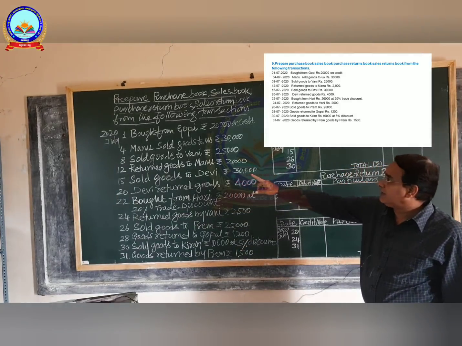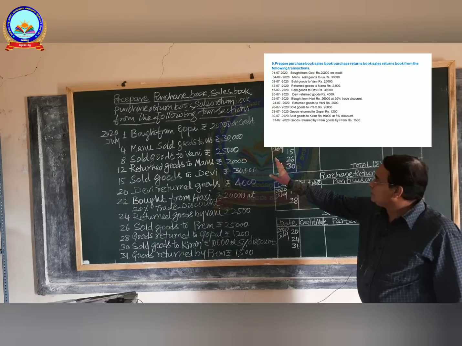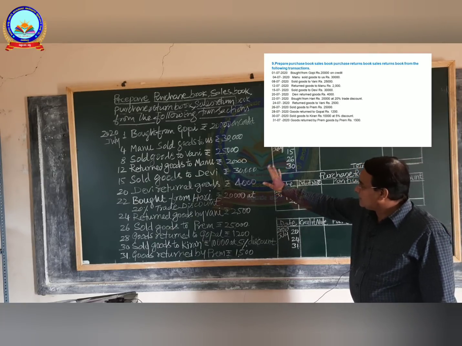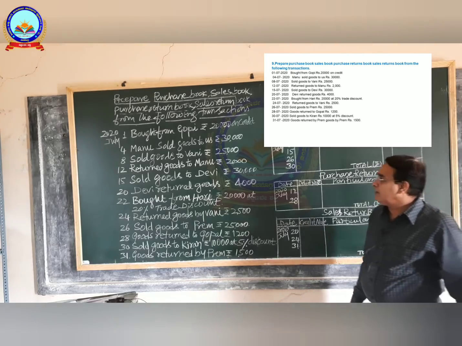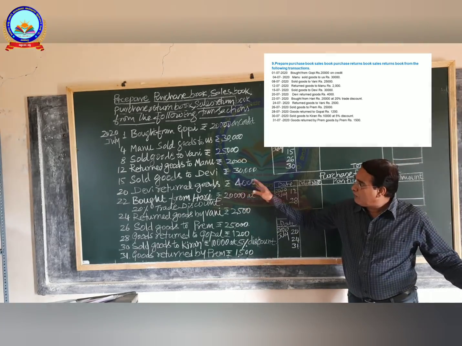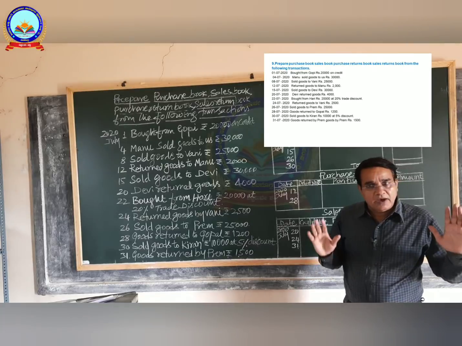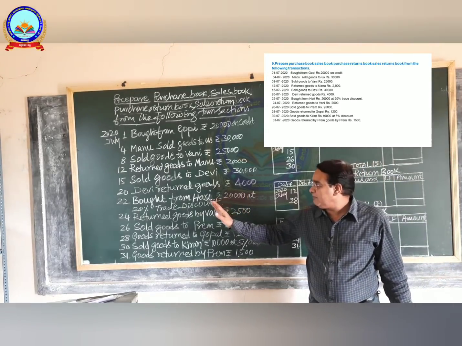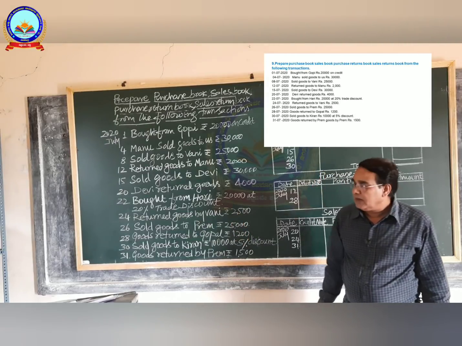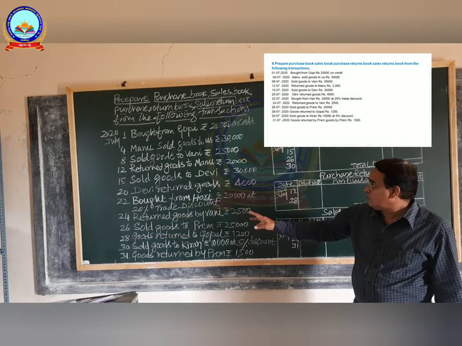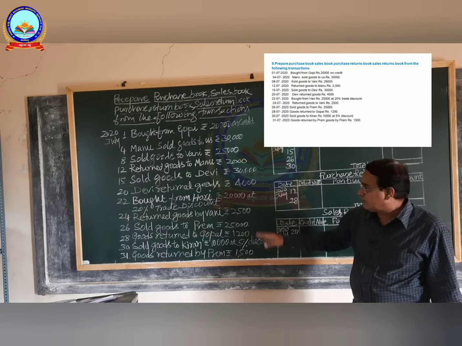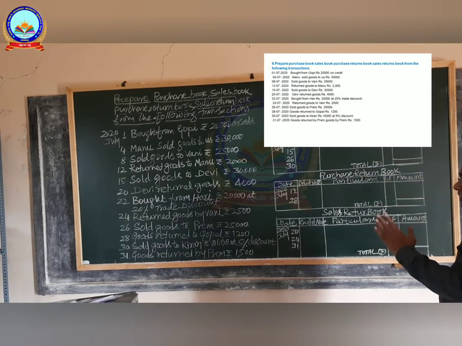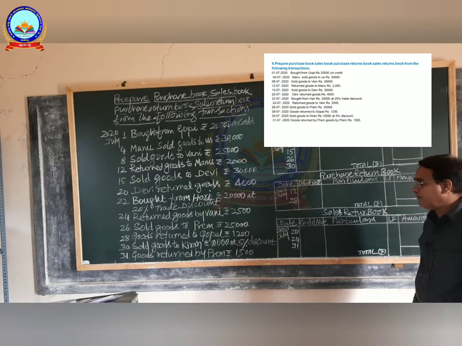On 12th, returned goods to Manu rupees 2,000. Sold goods to Devi rupees 30,000. Devi returned goods rupees 4,000. Bought from Hari rupees 20,000 at a 20% trade discount. 24, returned goods by Vani rupees 2,500 and on 26 sold goods to Prem amounted to rupees 25,000.